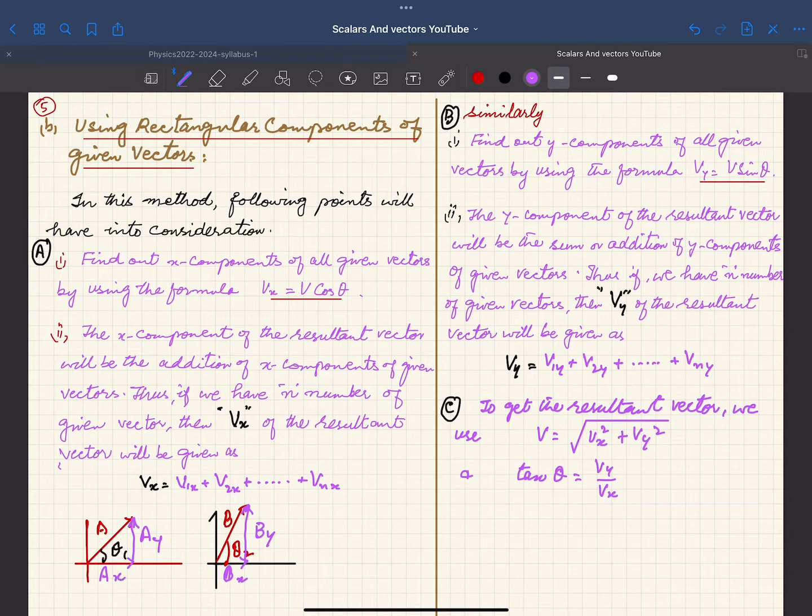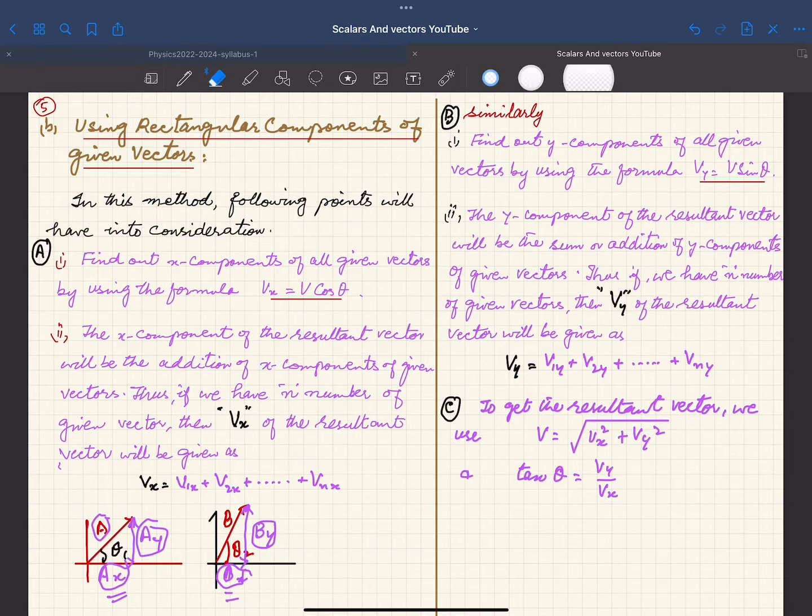Ultimately, you have to resolve the given vectors into their respective ax and ay components, and then ax and bx will be in the same direction on the x-axis. So you will add the x components of the given vectors, and in this way you will get the x component of the resultant vector.